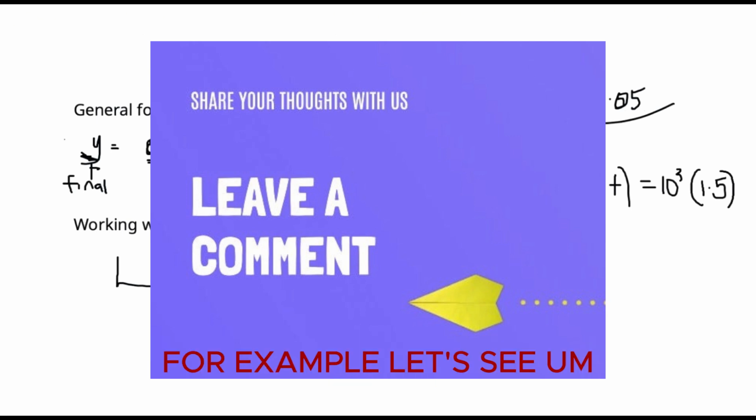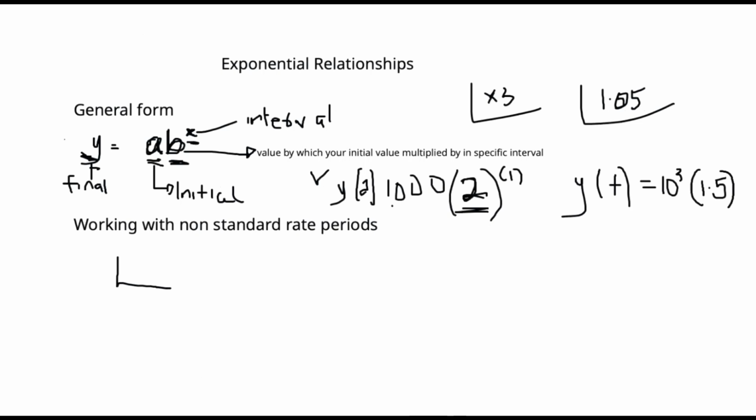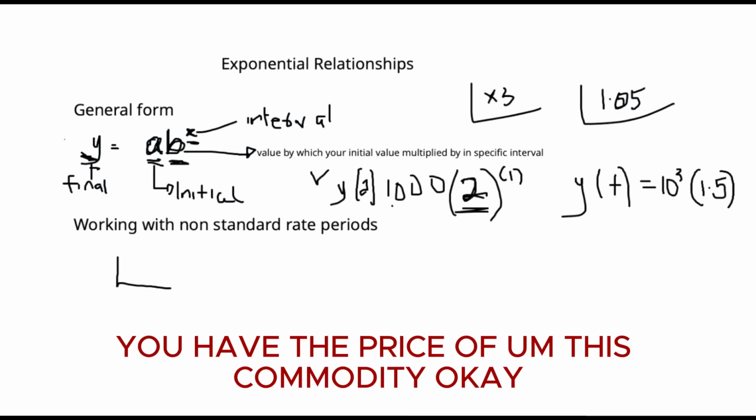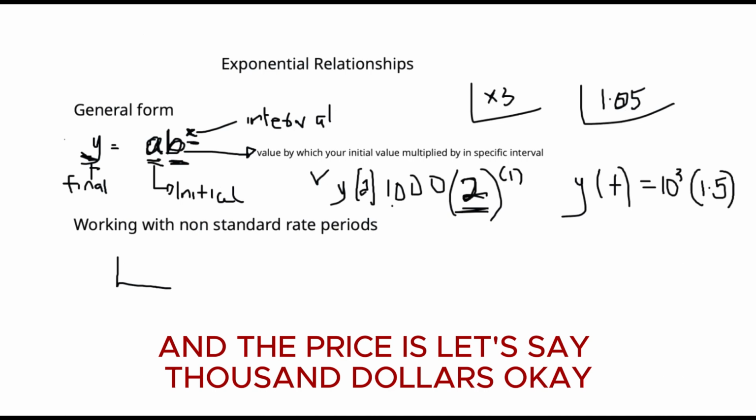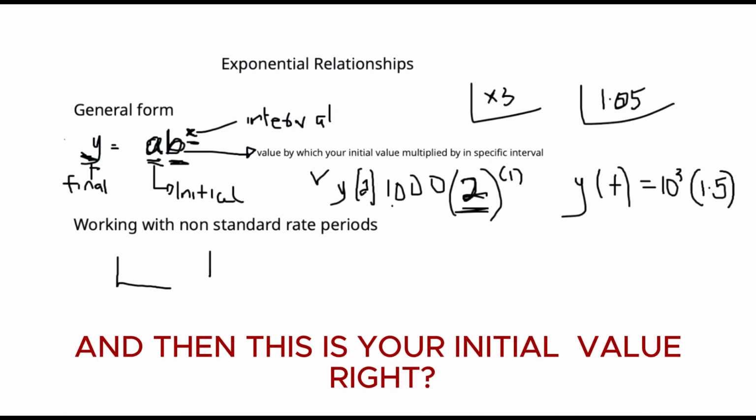For example, let's say you have the price of a commodity, and the price is $1,000, so 10 to the power 3, and this is the initial value.